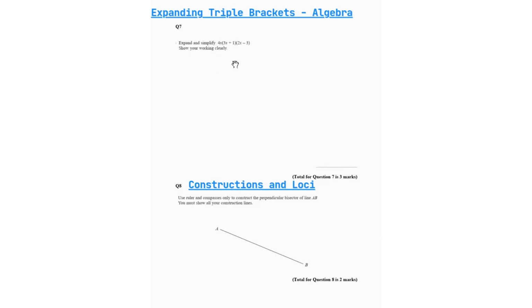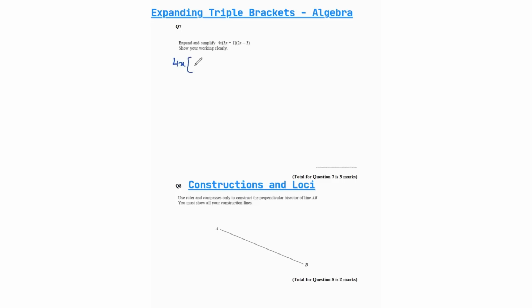Question 7 says expand and simplify 4x times (3x plus 1) times (2x minus 3). So this is similar to expanding triple brackets. So what you're going to do is expand the two brackets first and then multiply 4x with all of the terms.